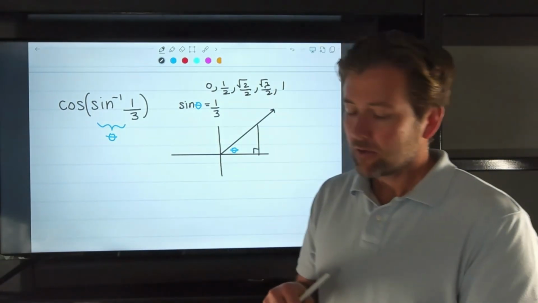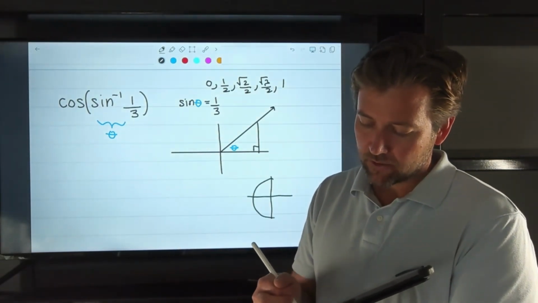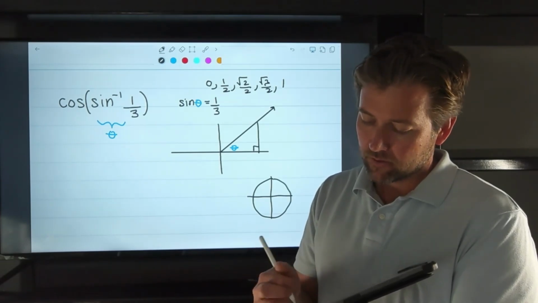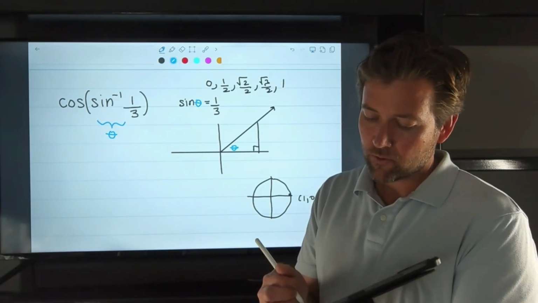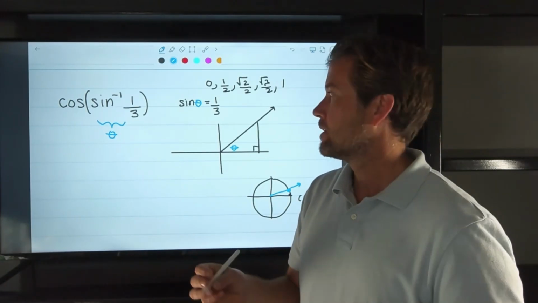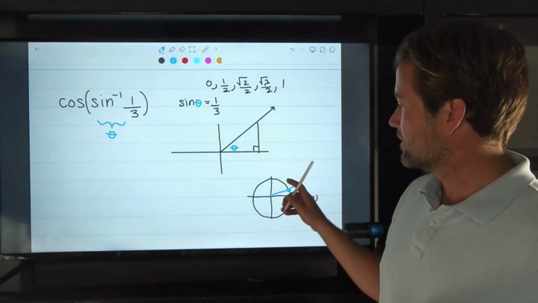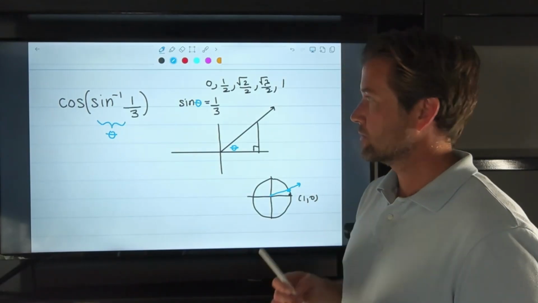So if I was doing this process the same way as the unit circles, I would have my unit circle here. This point is 1, 0, a y value of 1/3 that's less than a half. So this angle would be between 0 and pi over 6, between 0 and 30 degrees.